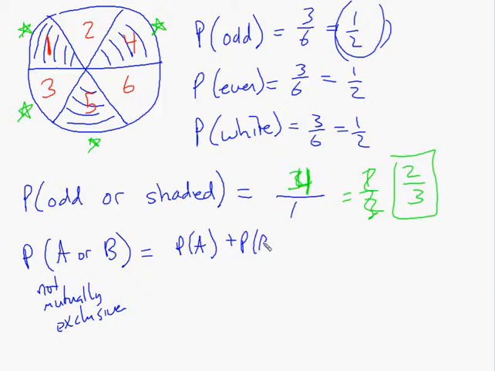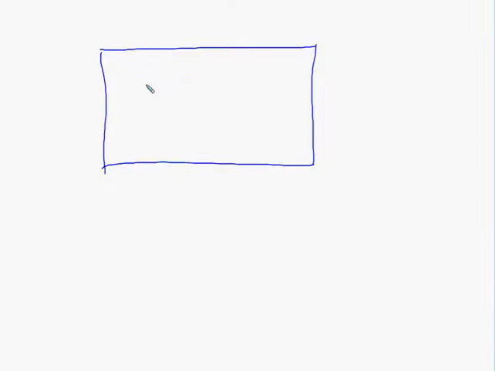So we start the same way as the other formula, but then we subtract out the probability of both of them happening. Let me explain the reasoning. Here's the reasoning. Let's say I have a Venn diagram, and I list my two events. This would be the exclusive case. Exclusive.